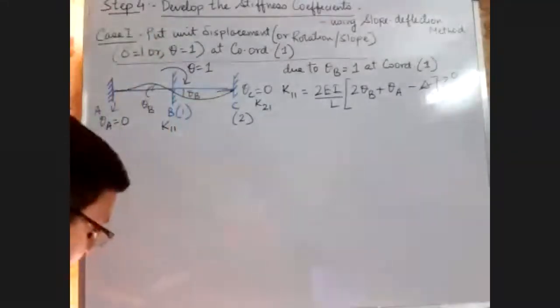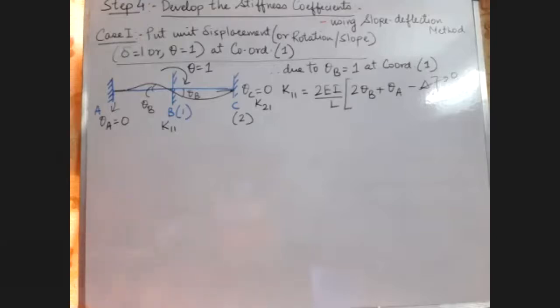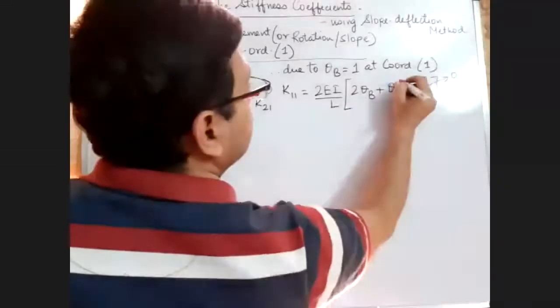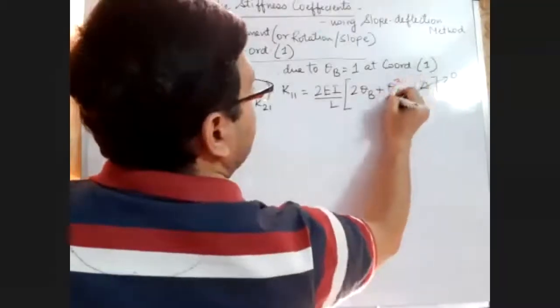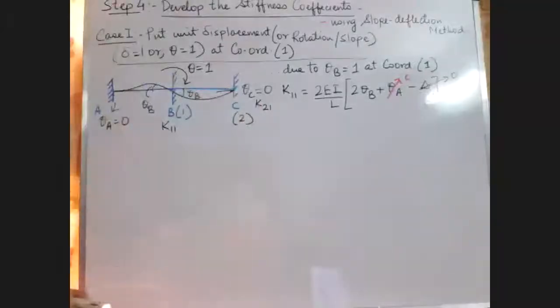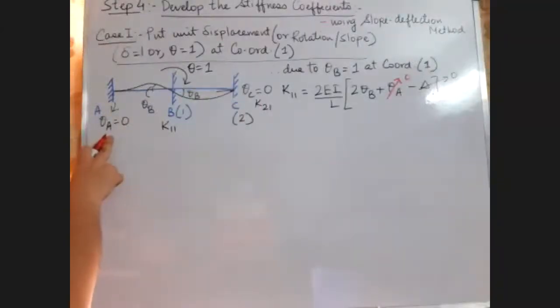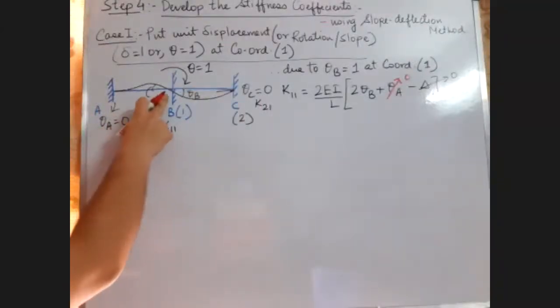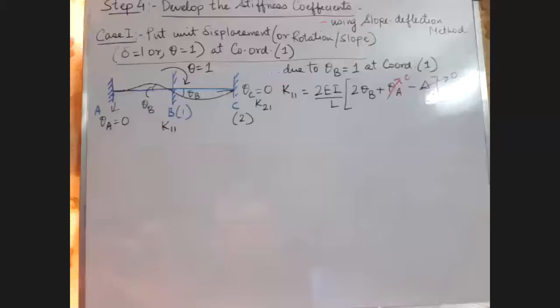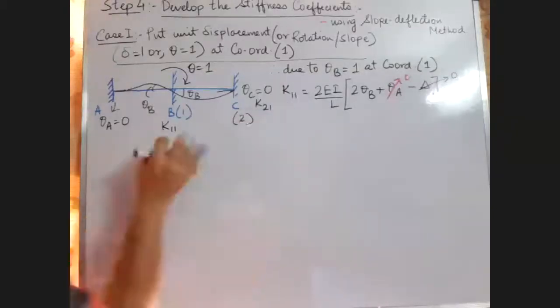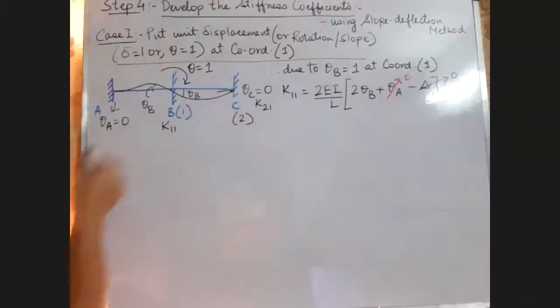So at this part, theta A is 0 because there is no slope. Only the slope is available at theta B. That means K11, this is for AB.